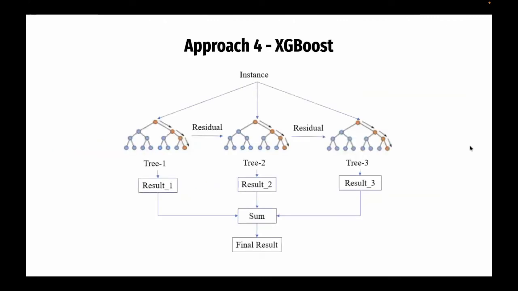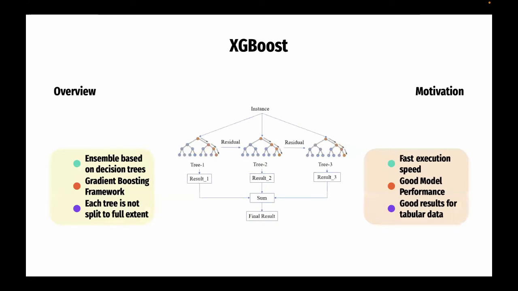For approach 4, we have the XGBoost model. XGBoost, which stands for Extreme Gradient Boosting, is a scalable, distributed gradient boosted decision tree machine learning library. It provides parallel tree boosting and is the leading machine learning library for regression, classification, and ranking problems.